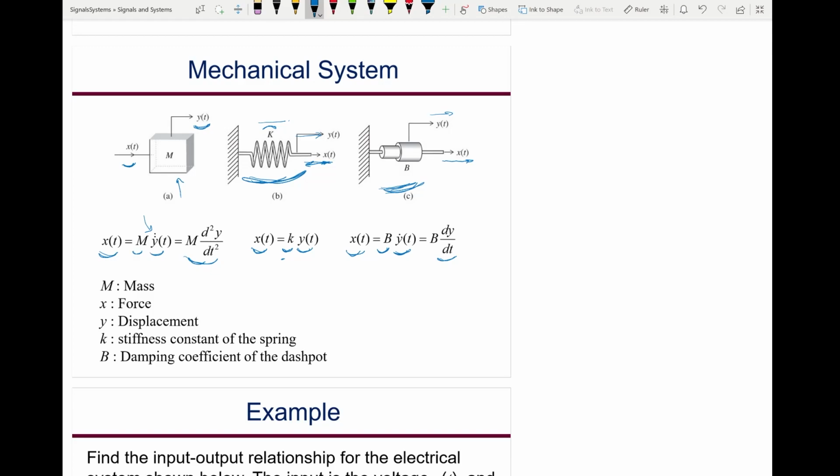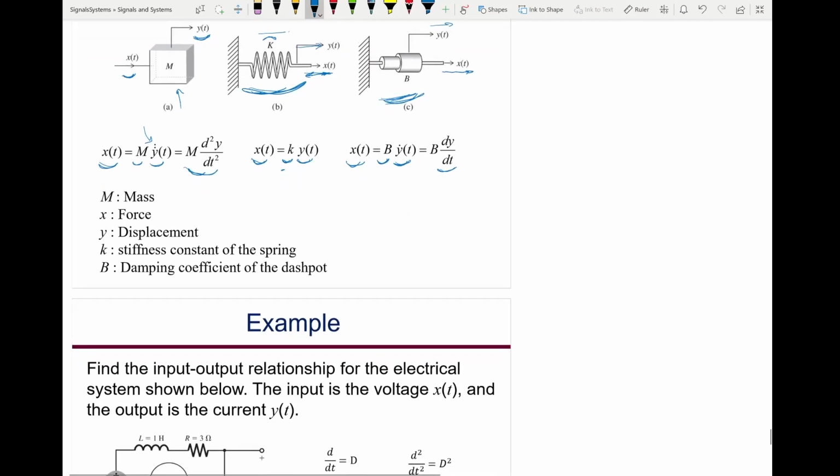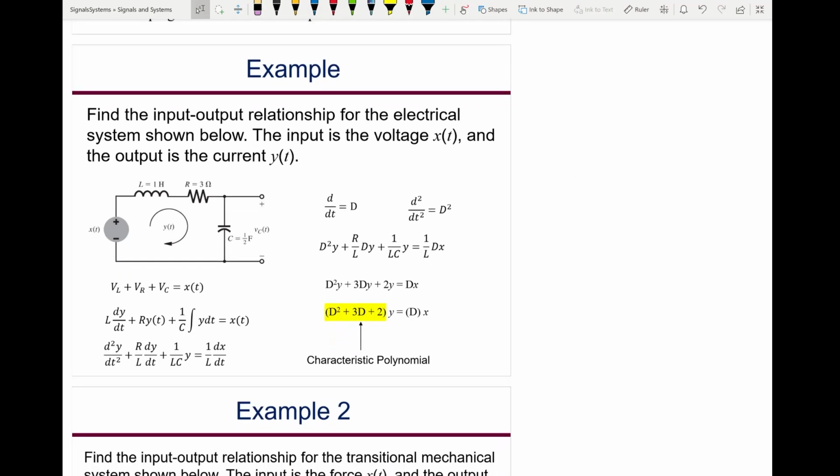Just to demonstrate how we model a system, we will be using these simple components in the mechanical system or in the electrical system. Then we will see if we can derive the differential equation that describes the input and the output. So let's take an example, first with an electrical system. We have here a simple circuit.